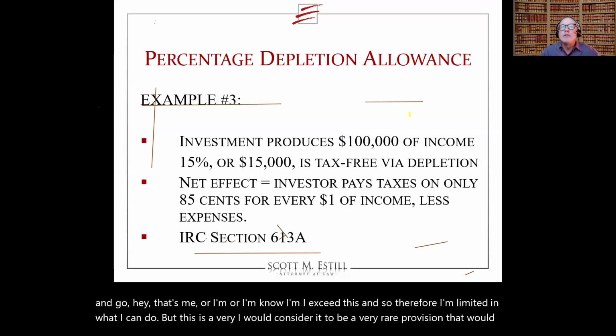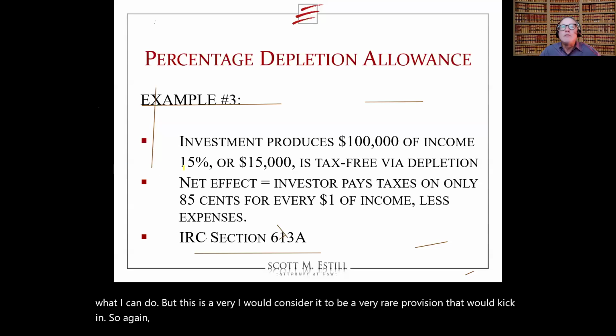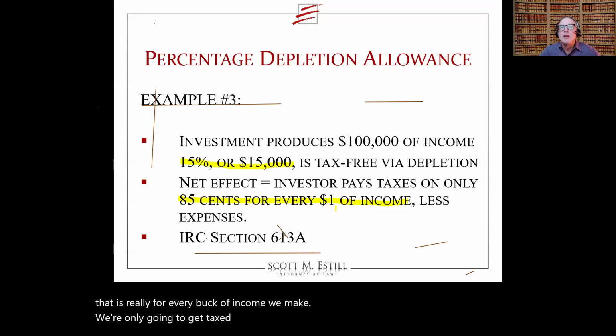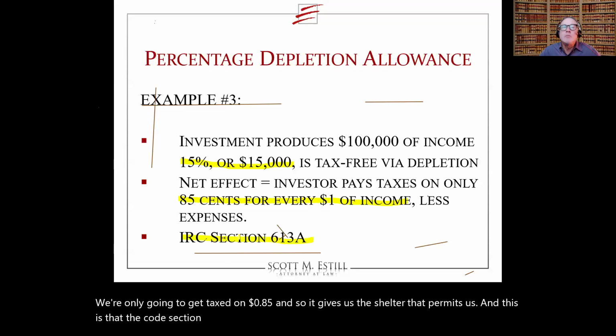So again, $100,000 investment, we get this 15% depletion deduction. So the net effect of that is really for every buck of income we make, we're only going to get taxed on 85 cents. And so it gives us the shelter that permits us, and this is the code section, IRC section 613, but this code section permits us to basically shelter some of this income.